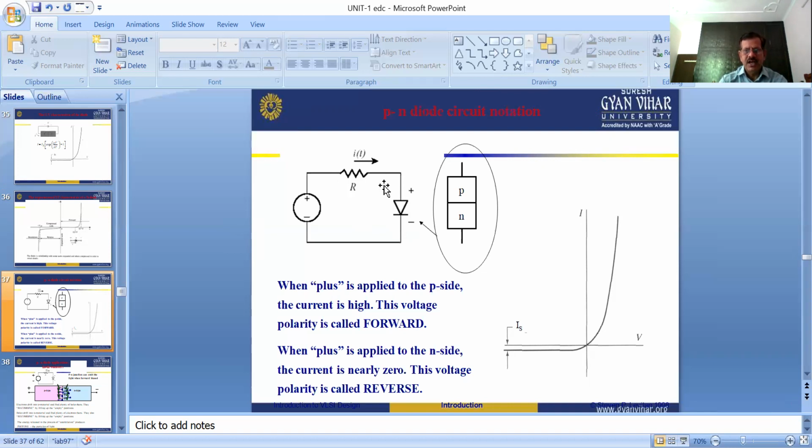Here is the PN junction diode and a resistance, and here is the external applied voltage or biasing voltage across the PN junction. When plus is applied to the P side, then current is high. This voltage polarity is called forward. When plus is applied to the N side, current is nearly zero. This voltage polarity is called reverse. These are the reverse polarity and forward polarity in the PN junction diode.